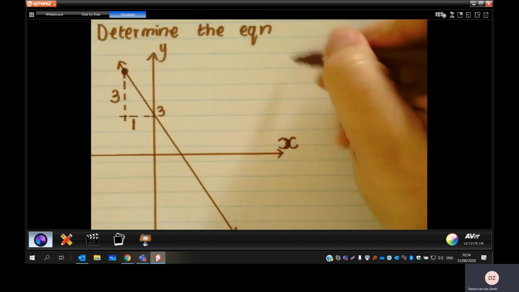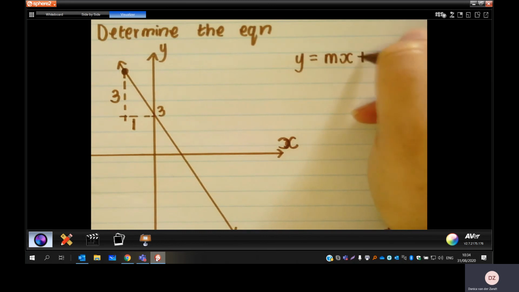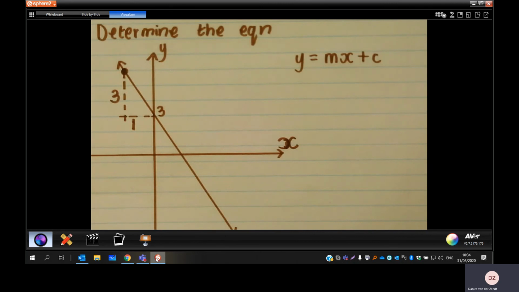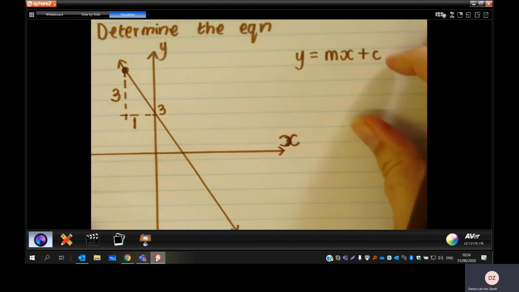Okay, let's look. So we have to still determine a straight line equation, which means my goal is still y equals mx plus c. So I need to be able to calculate my gradient and then substitute in a point to find c. Currently, as it stands, I do give you enough information, but I actually have to interpret it a little bit first.